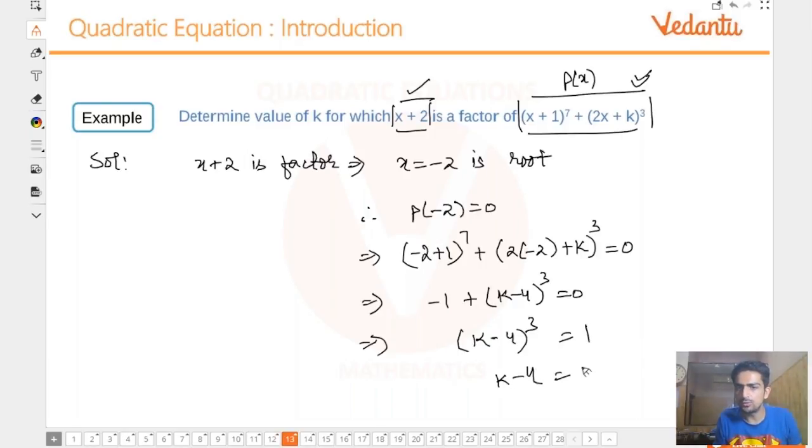So k minus 4 equal to 1, so k equal to 5. Just have a look, take 30 seconds, just ask me if you have any doubt, because you have to do the next question.